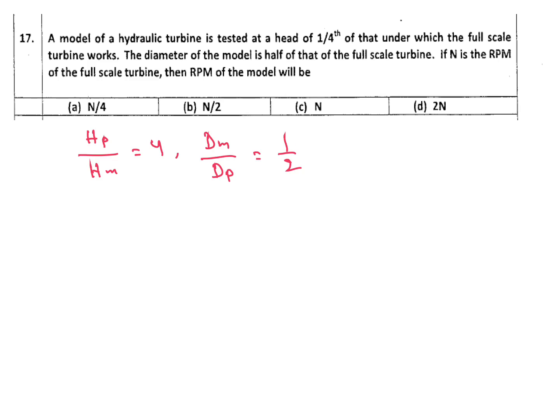So n is equal to the RPM of the full-scale turbine. RPM of the prototype is given, we have to calculate the RPM of the model. We know these three relations I already gave: power, head and discharge.